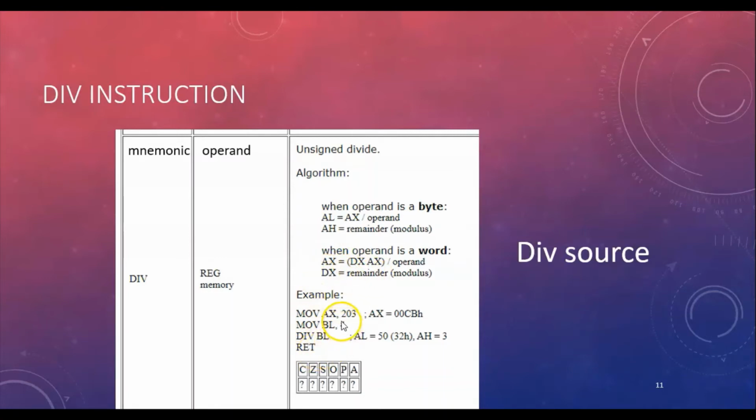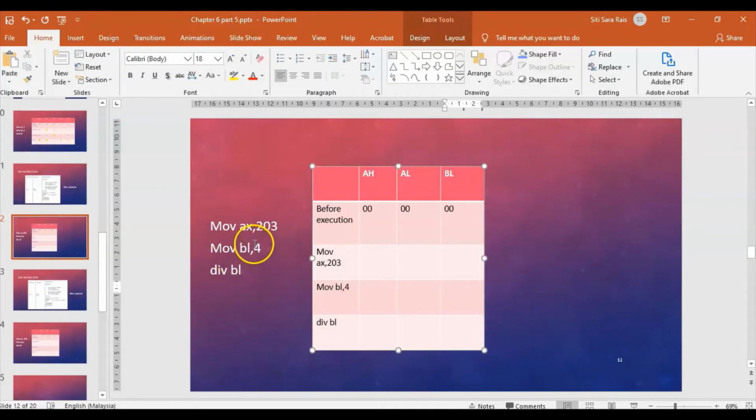We will try to use this instruction in our programming and look at the flags. The flags are not affected, they just give random values. Let's say this is our program.